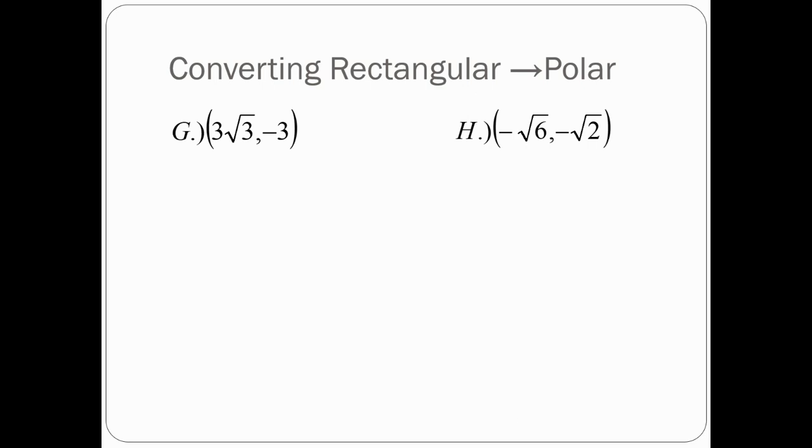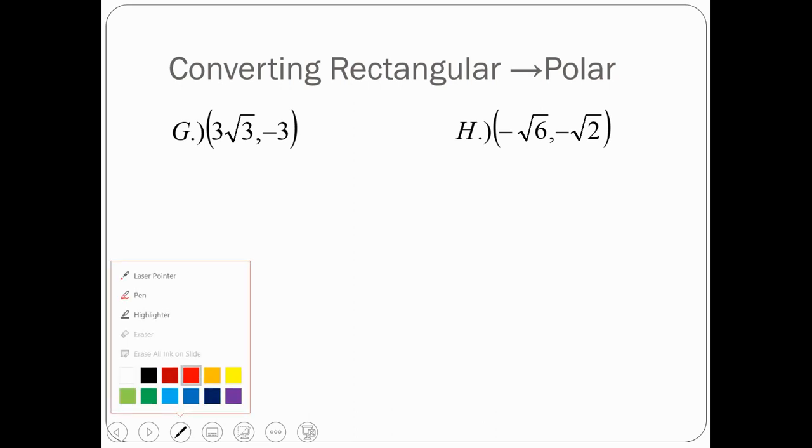Okay, so to continue where we left off, let's switch rectangular points, meaning going left, right, up, and down, into polar. There's still 4 very important equations from that last video that you need to know.